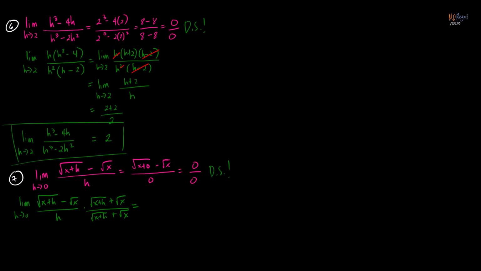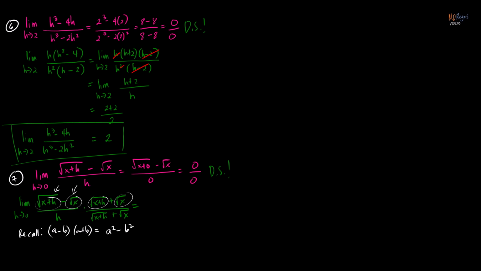Alright, so just to recall the formula for special products, the product of a minus b and a plus b, when simplified, is just a squared minus b squared. So this is our a, and this is our b. Okay, so it's a minus b times a plus b.